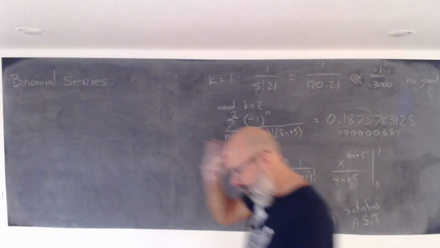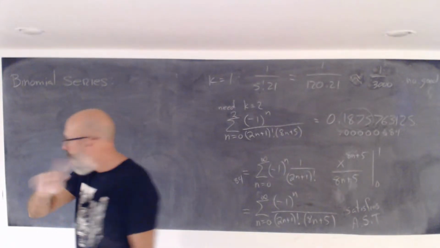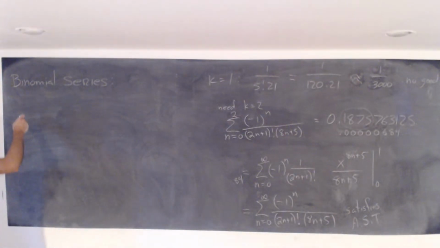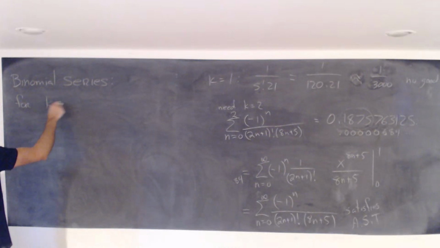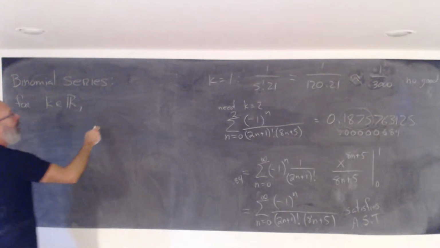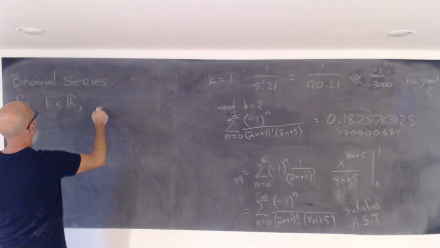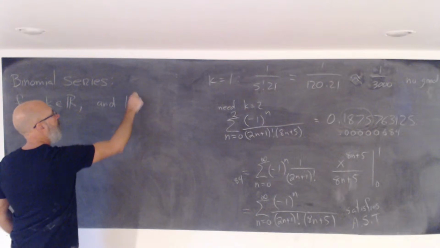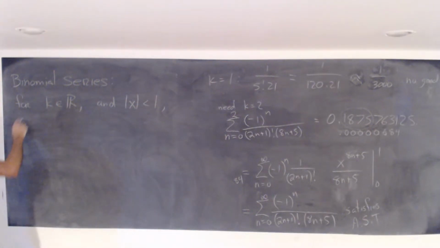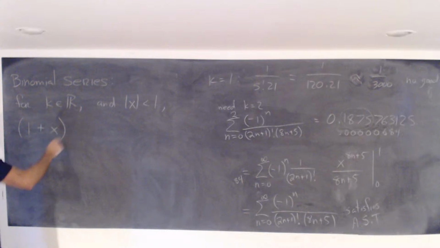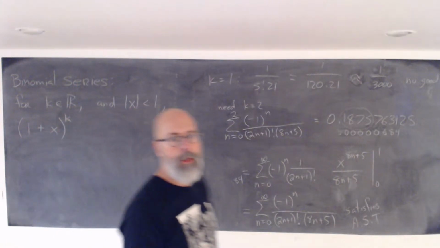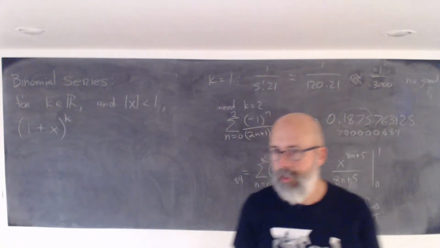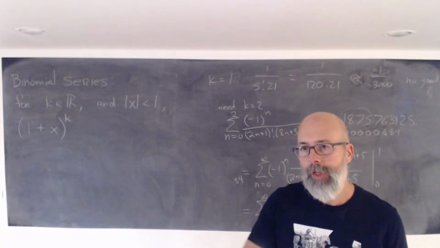Perhaps you saw it in the book. Looks complicated. It's nothing. There's nothing there. All it is is the Maclaurin series for the function 1 plus x to the k. That's all it is.